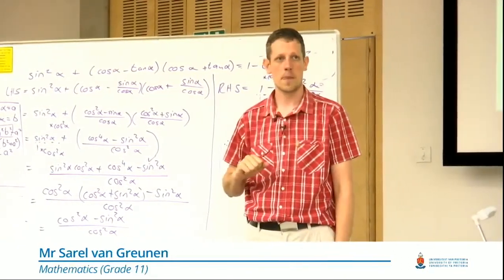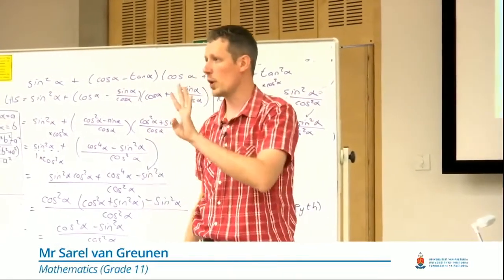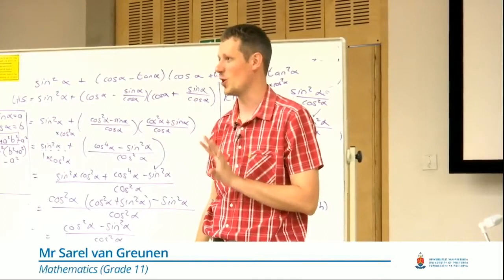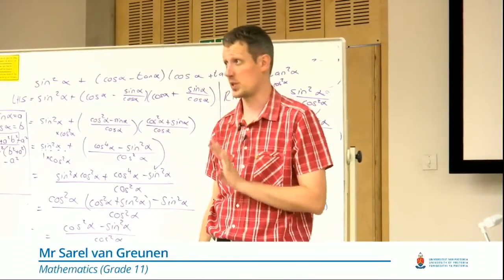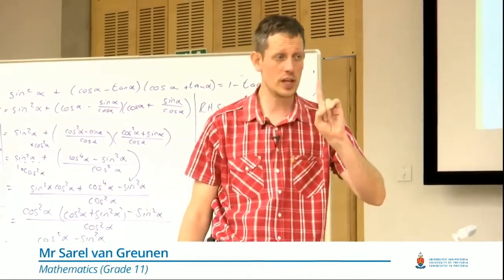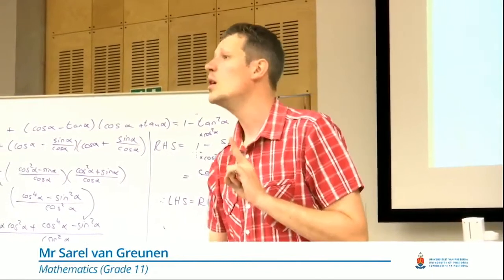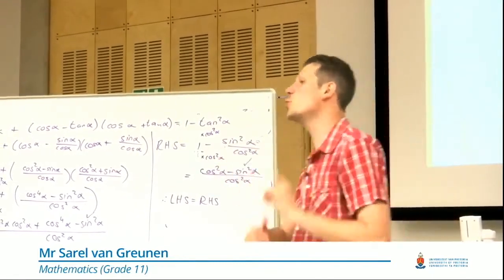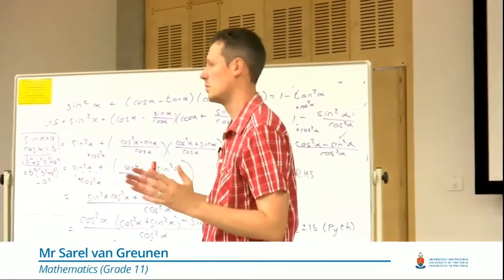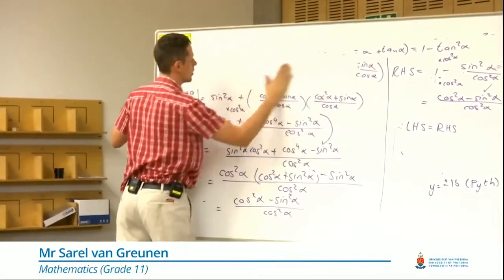Know that there are 4 types of equations you need to be able to solve. The first type of equation you need to solve is the simple ones. Cos alpha equal to a half. That's the first type you need to be able to solve.